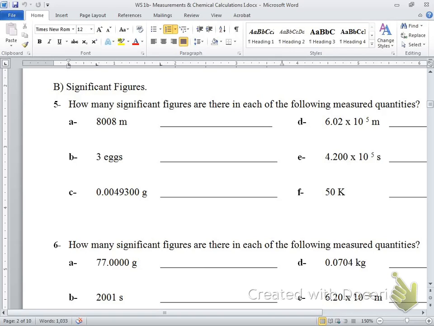Whole numbers are horrible because you don't know if it's a whole number, which we call exact, or whether it's actually a measured value. Significant figures have to do with measured values. So if you see a whole number, unless there's a unit that tells you otherwise, you're going to assume it's measured.